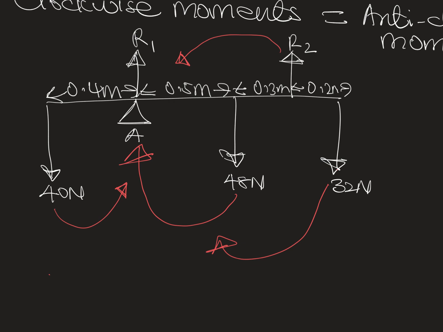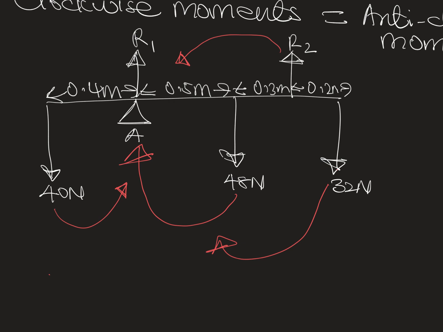All right, so how about R1? If you are taking moment at any point, the force at that point, the moment is going to be zero, because it is not defined by any distance. Because the distance is zero, the moment there will be zero, if at all we are considering moment at that point.